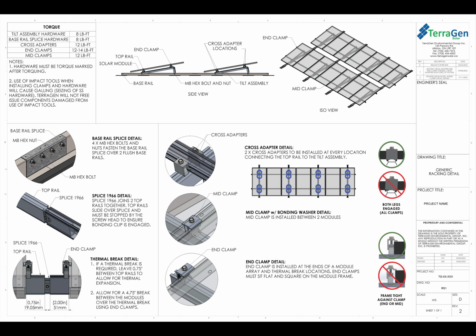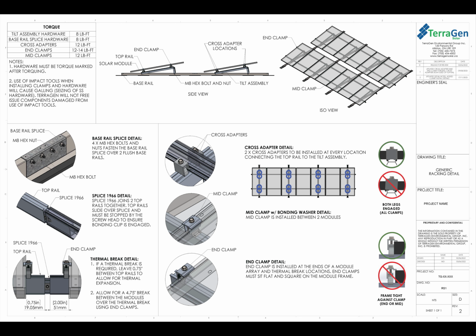Top rail splices for the TGR system is an internal splice. When connecting top rails together at the splice location, you will slide one end of the top rail splice into the top rail and slide the next top rail through the splice.